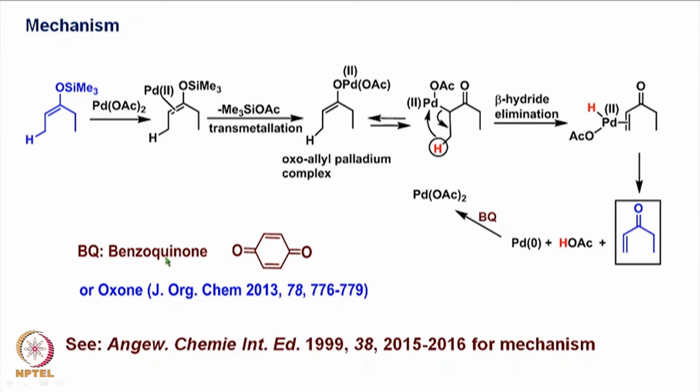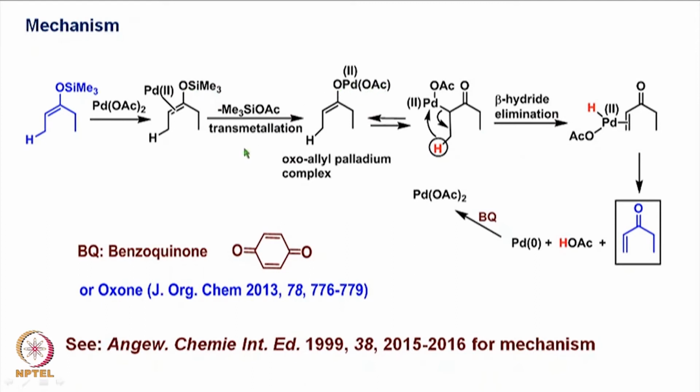Say, for example, if we have a compound of this type, which is an electron rich double bond, that is an enol silyl ether, then if this is reacted with palladium acetate, a pi complex of this type can easily form, and this pi complex undergoes transmetallation by the expulsion of trimethylsilyl acetate, in the sense that this oxygen silicon bond is broken and an oxygen palladium bond is formed.